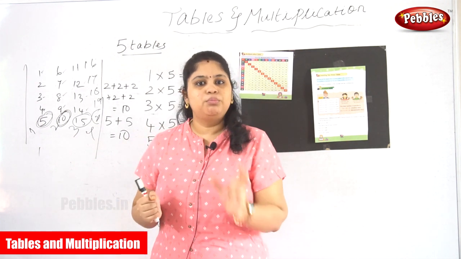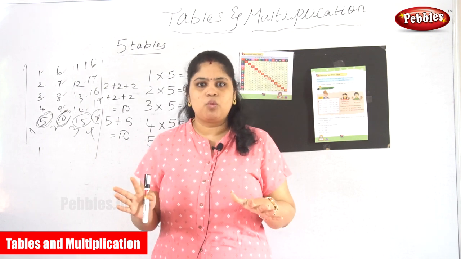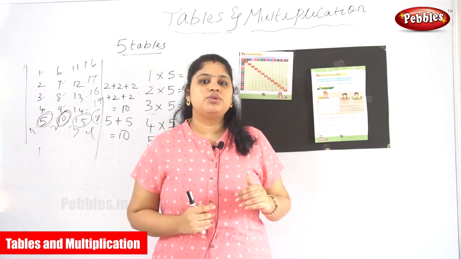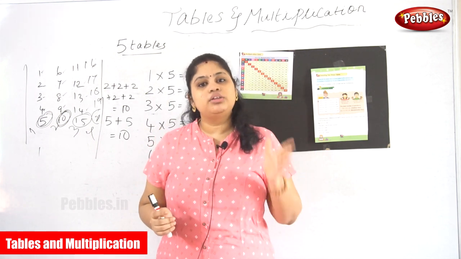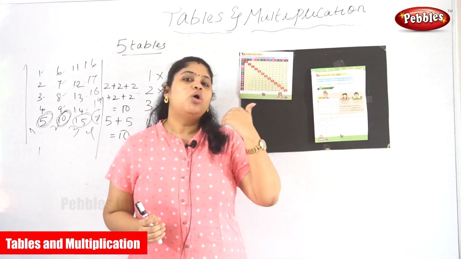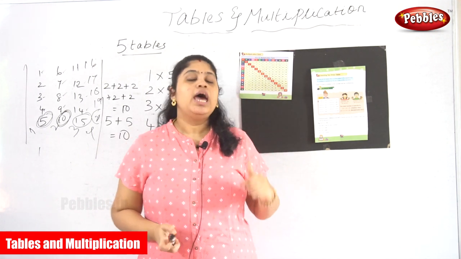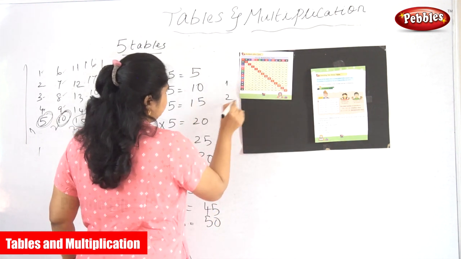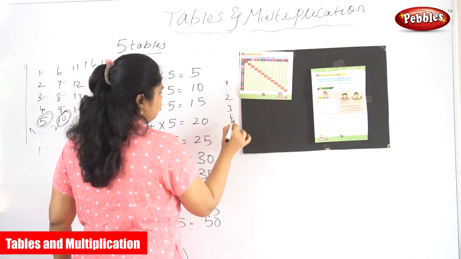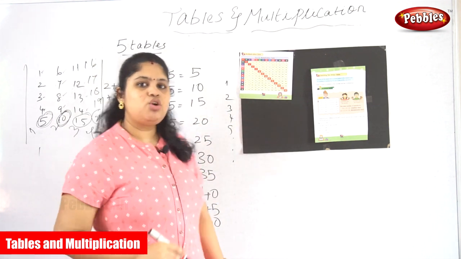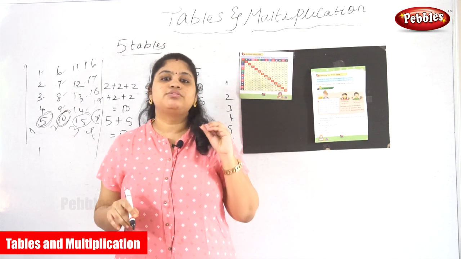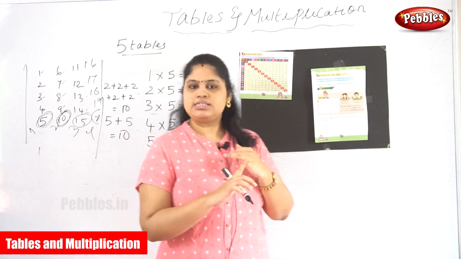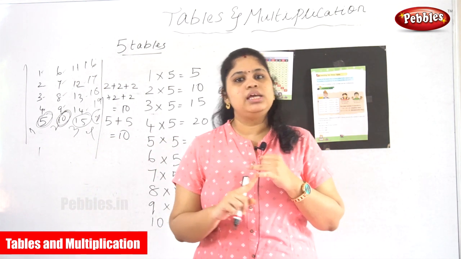To avoid that boredom, the book itself says you can reorder the tables and learn. Instead of studying in series, 1 after 2 after 3 after 4 after 5, you can first study only the simplest tables. 2 is the simplest table, so we have already learnt it.